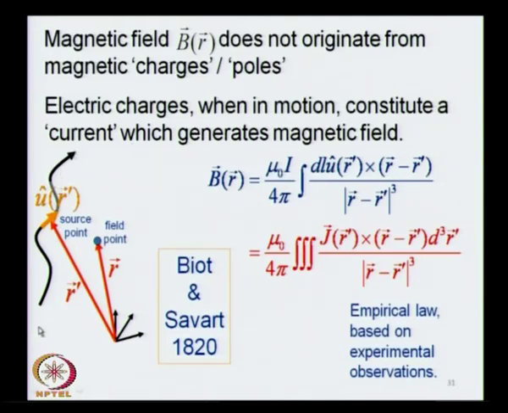What are the properties of the source? It depends on the current. It also depends on the properties of the medium. So, the medium in question over here is free space. So, it is the magnetic permeability of free space which appears in this expression. Then there are constants like 1 over 4 pi. Okay.